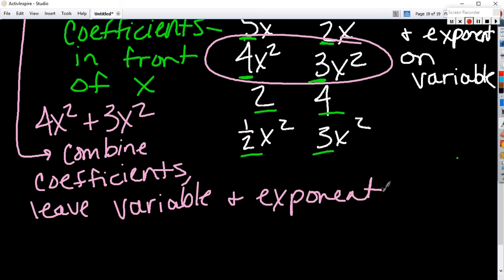So 4x squared plus 3x squared becomes what? 7x squared. Does that confuse anybody?